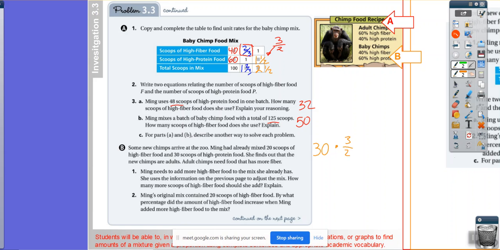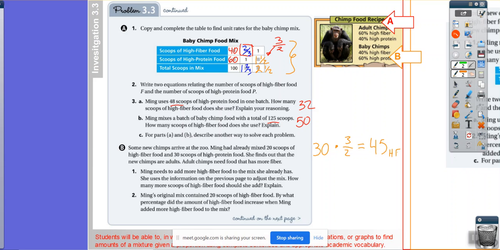Okay, so really you're taking this idea from the table and applying it to this problem in B. Is that what's happening? Yes. Okay. Continue. And then you would get 45 scoops of high fiber food. So that would be 25 more than you had before. So that would be your answer.